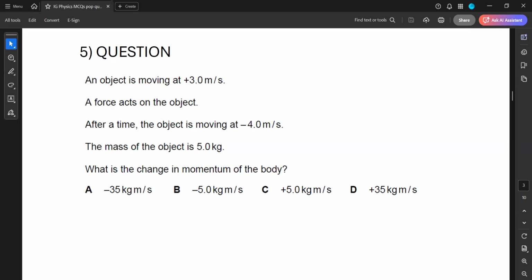No doubt in this? So question number 5, the correct answer is A.